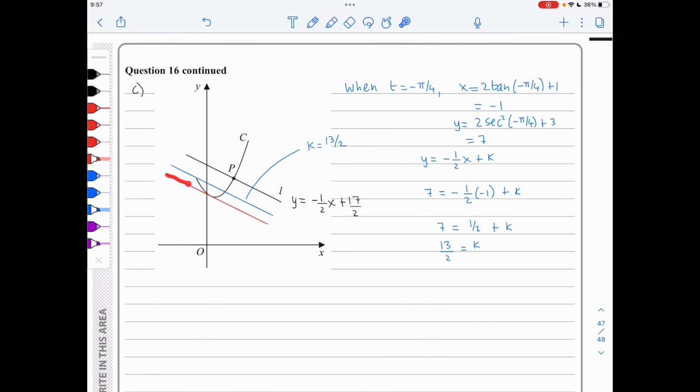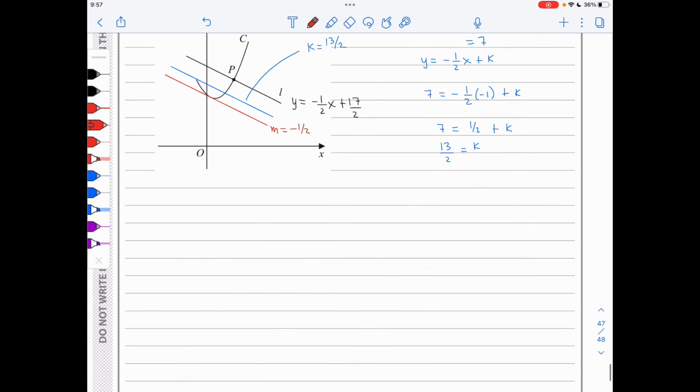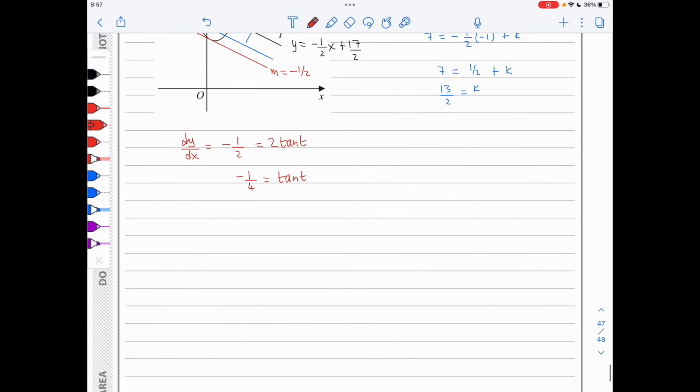Well, we know that the gradient here will be minus a half, and that will be the value of dy/dx. So in other words, I start by saying that dy/dx is minus a half. We have already established that dy/dx is 2 tan t, and therefore minus a quarter is tan t. Now we know that sec squared t is 1 plus tan squared t.